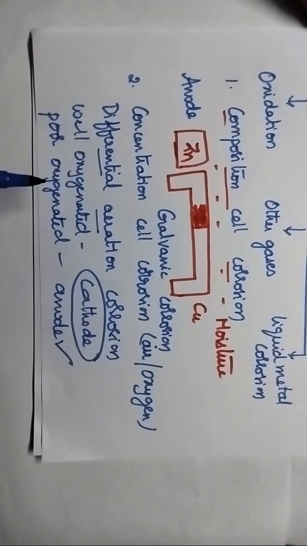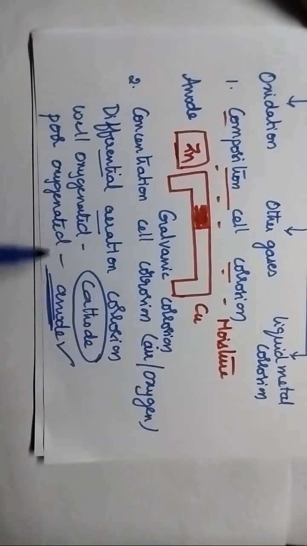Under the given conditions, the part which experiences well oxygenation will act as cathode and the part which experiences poor oxygen will act as anode, and this anode undergoes corrosion.